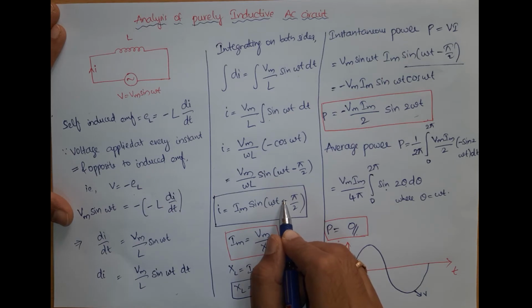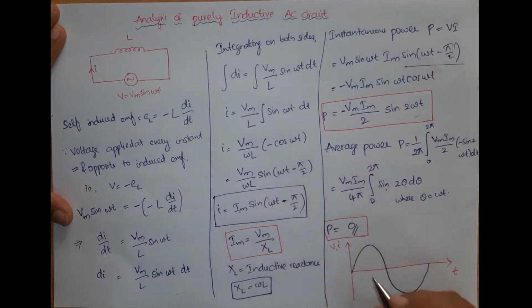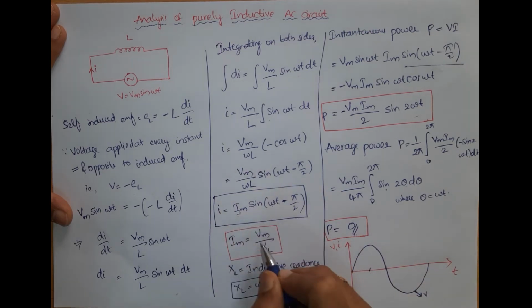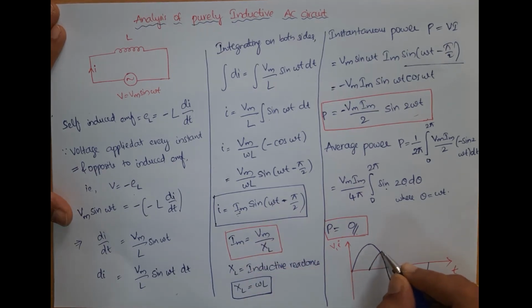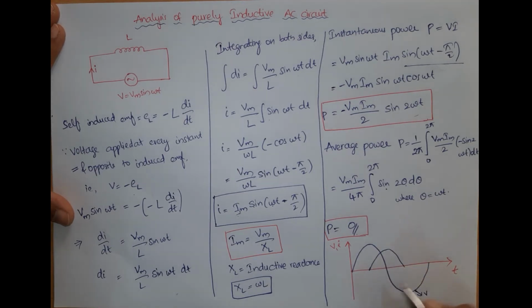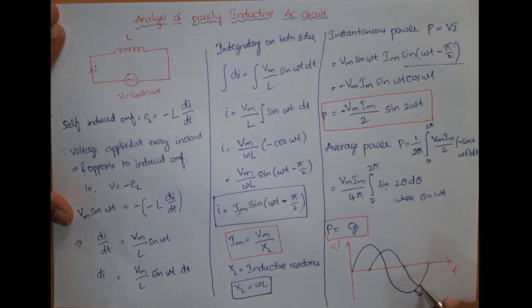Minus pi by 2 means it has started earlier, pi by 2 earlier, so I can start from here. But its magnitude, Im, is Vm by XL, so it is reduced by a factor of XL, and its value will be like this. It starts pi by 2 earlier, that will be the difference. So it will be like this.